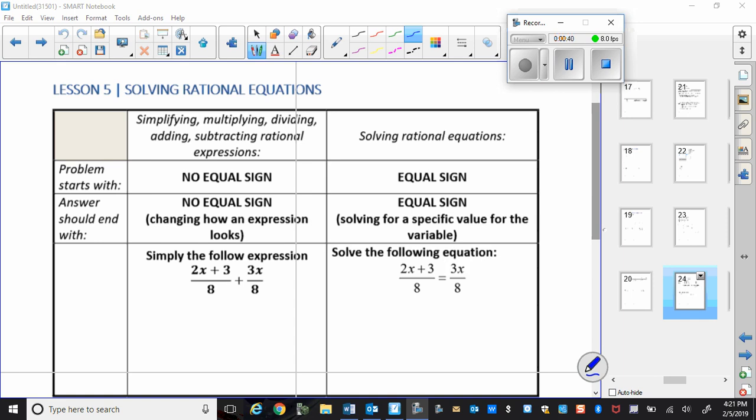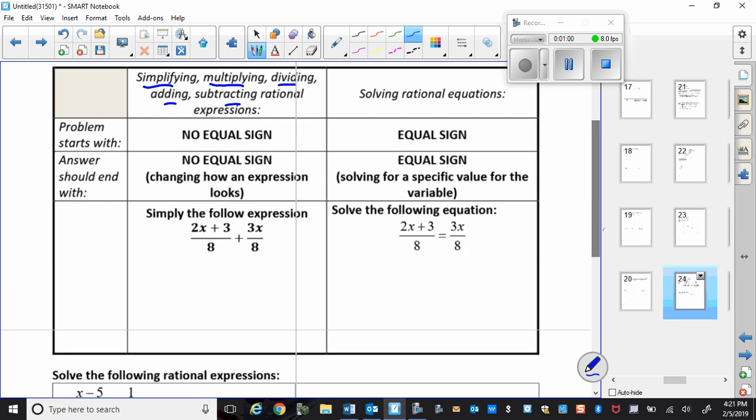When we have to follow rules where we have to simplify, multiply, divide, add, or subtract rational expressions, there's no equal sign, okay? And it changes how we approach the problem.